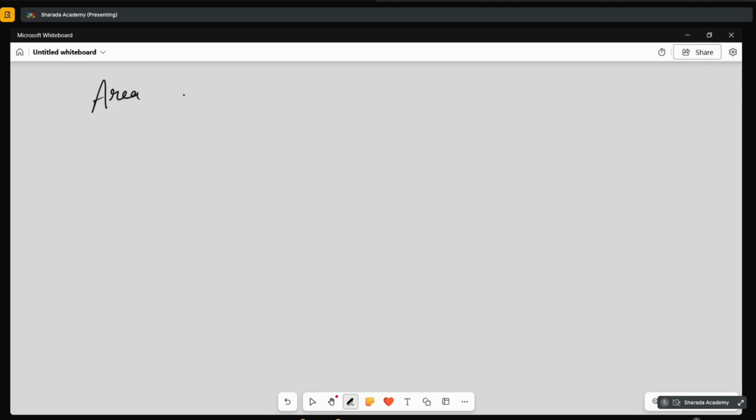Area of a sector. Area of a sector is equal to theta by 360 into pi r square.